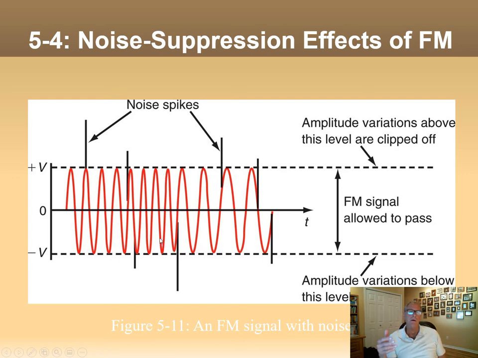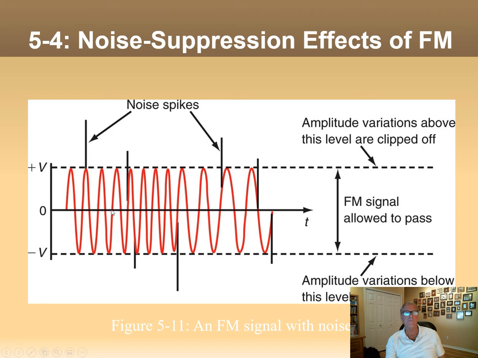Also, there's something called coherent noise, basically noise that is in sync or in phase with the FM signal, the carrier, and it's repeating. So it's cyclical. It's basically periodic. And if that period of the noise happens to match the carrier frequency, what's going to happen?